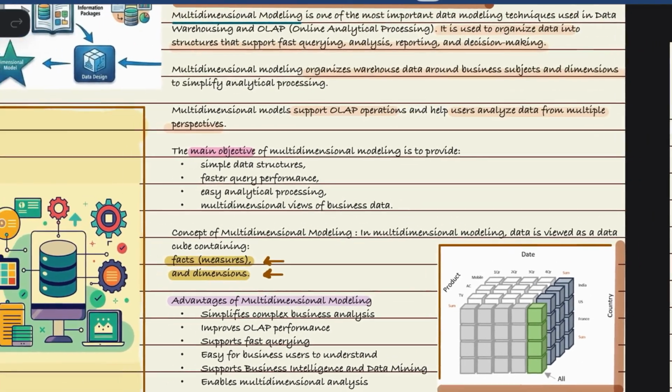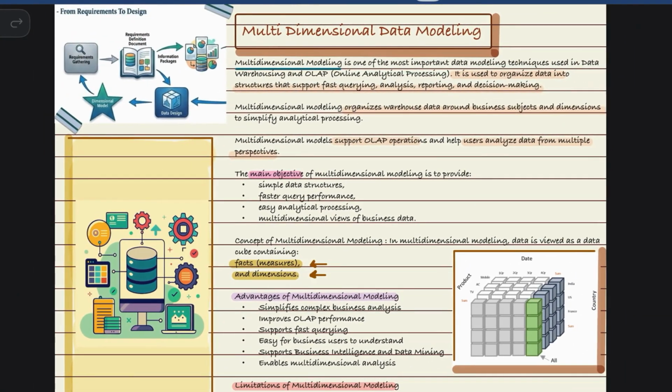Alright. So let's see some theory. You need to understand that it is the most important data modeling technique, and it is used to organize the data into structure and supports what all? Fast querying, analysis, reporting, right? It organizes the data around business subject and dimension, and it supports OLAP operations, which we'll discuss ahead.